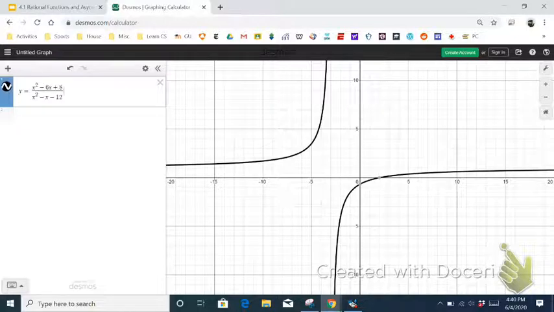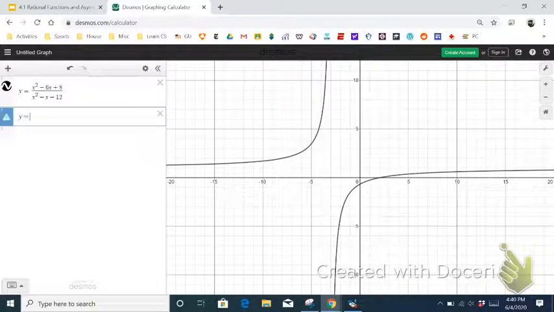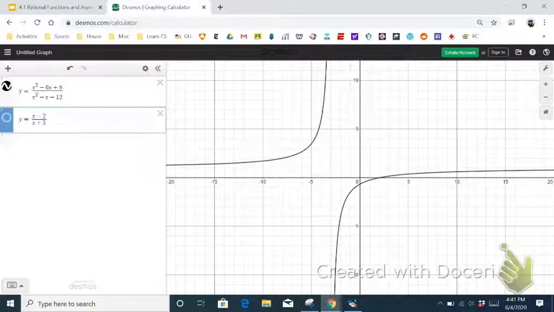Well, the reason is that this function is identical to y equals (x minus 2) over (x plus 3). If I highlight this, you should see it in red, and you see that the graphs look almost identical. But with the red graph, if I were to find y when x is 4, it would give me a value, 2.86, which is 2 over 7.